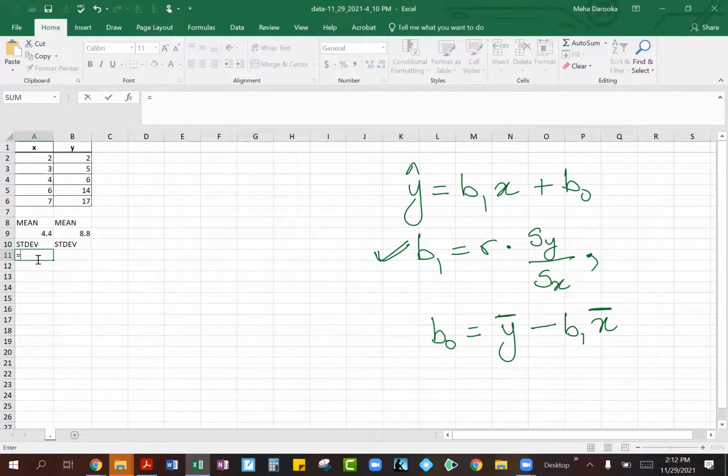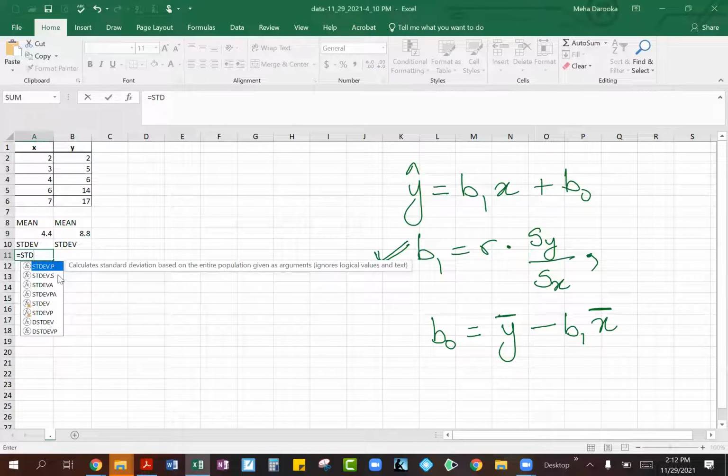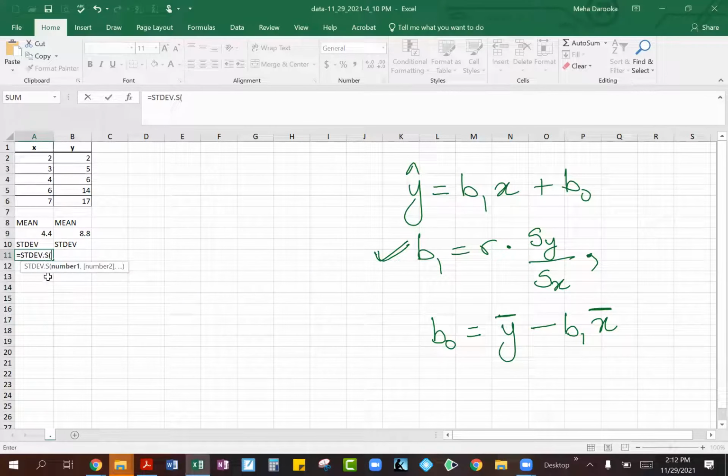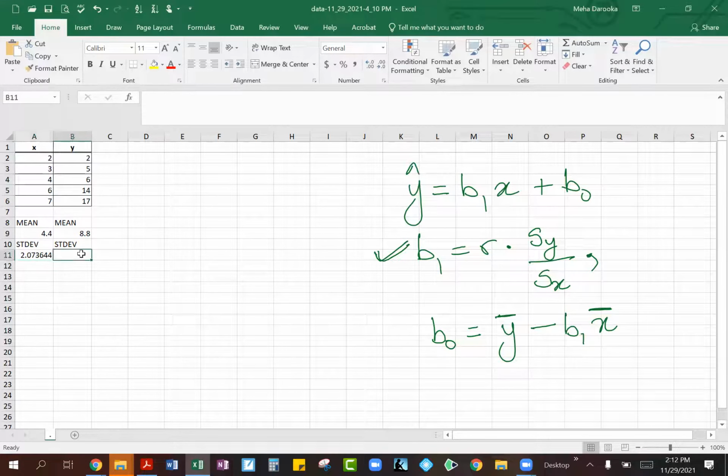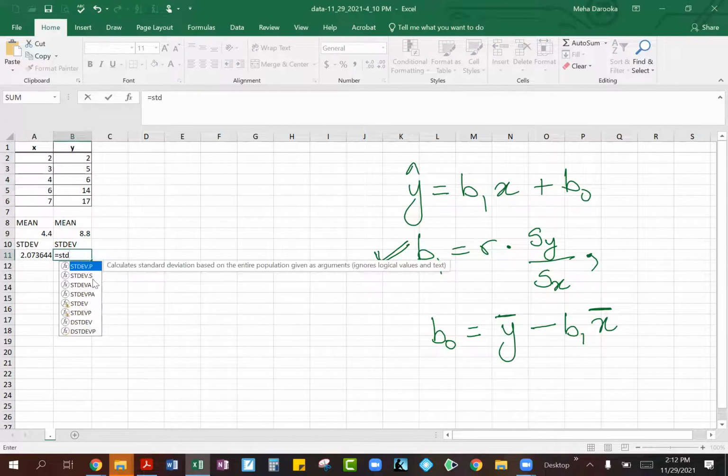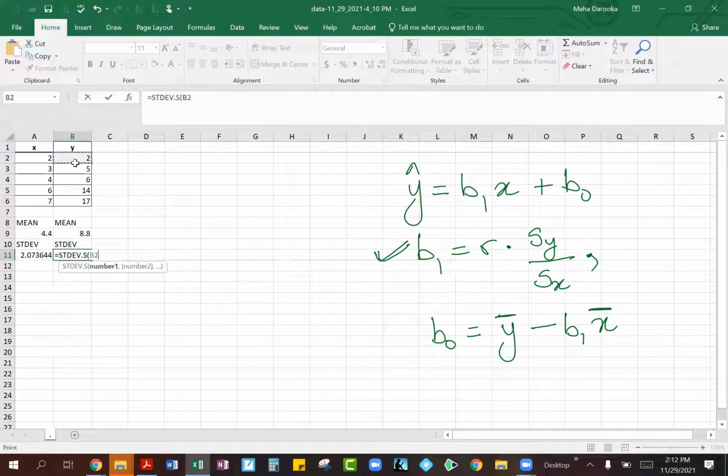When you're using the standard deviation, remember this is again a sample, not a population. So use the .s function when you're using the built-in function. So same thing, find the standard deviation for x and then find the standard deviation for y.